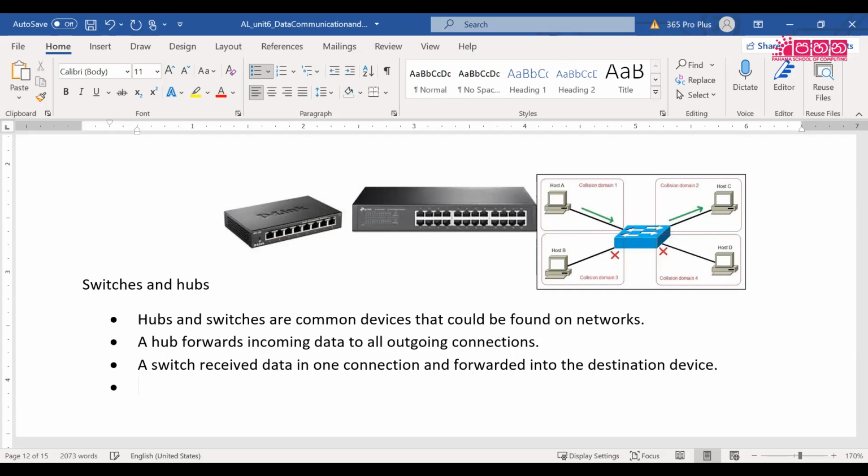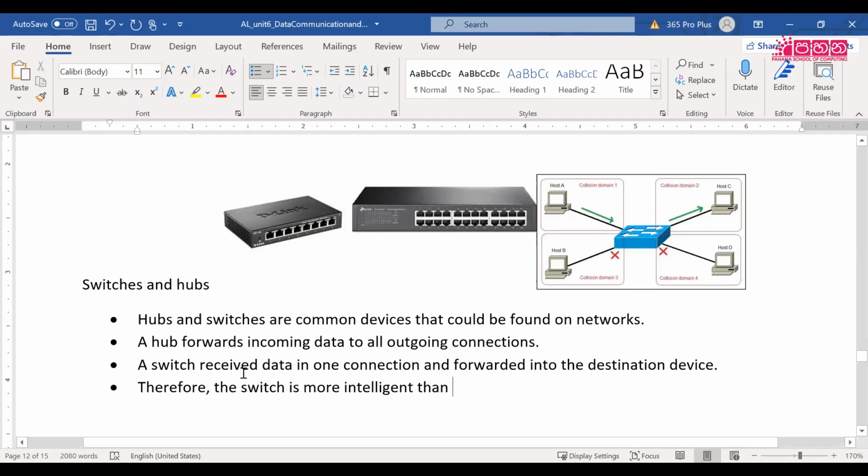A switch directs. Therefore, we can say the switch is more intelligent than the hub. So remember this. This is very, very important. It's actually slightly off topic from the section that we were discussing.